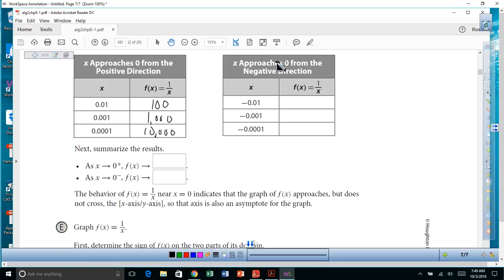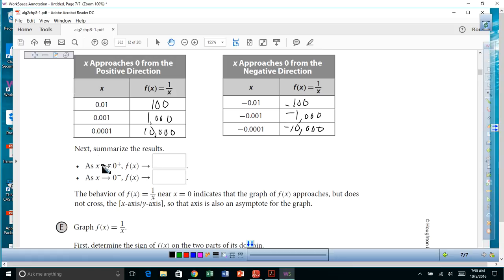Okay? As x approaches 0 from the negative direction, that would be negative 100. That would be negative 1,000. And that would be negative 10,000. Next, summarize the results.